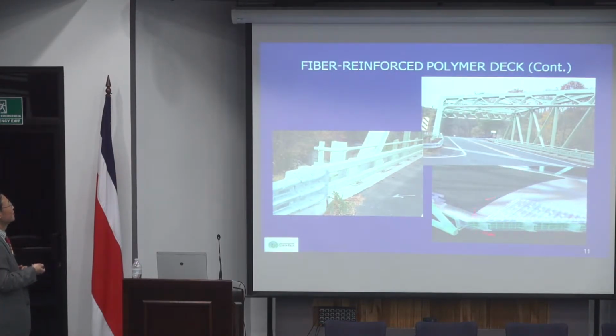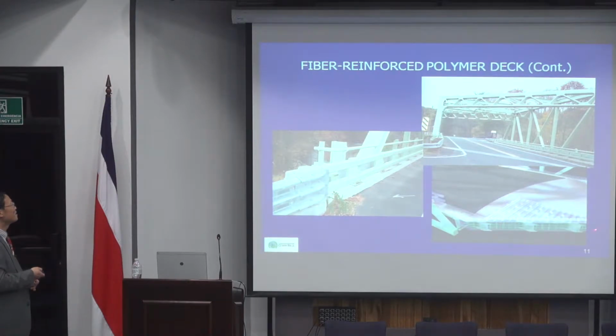This is a computer model of how they do it. You have the FRP deck, you have the epoxy modified concrete pavement, and these are just concrete. You build an additional concrete curb, and the railing will be built on top of the concrete curb. The railing will typically follow a standard drawing, so you don't have to develop new details.